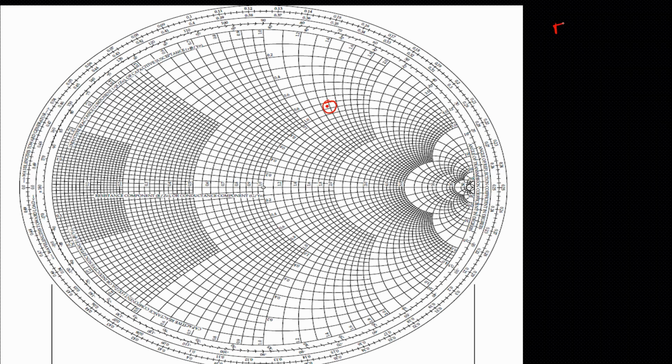So if this Smith chart is at the input part of my circuit, then I'll call any point gamma S, and if it is at the output part, then I'll call it gamma L. So if they have given me a gain of 10 dB, and I can do some mathematical manipulation and from 10 dB get an equation of a circle in such a way that each point of my circle will give me some value of gamma S or gamma L.